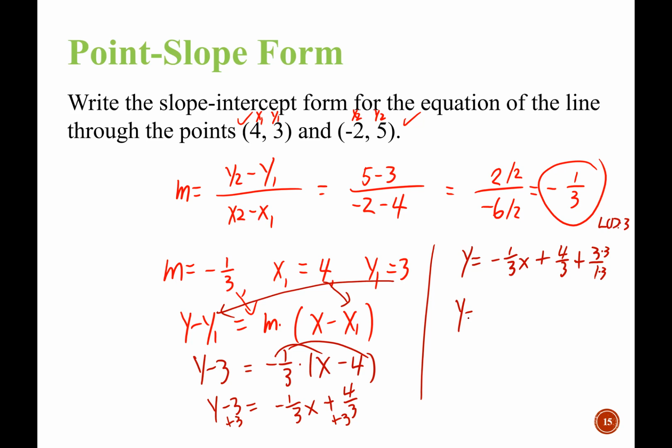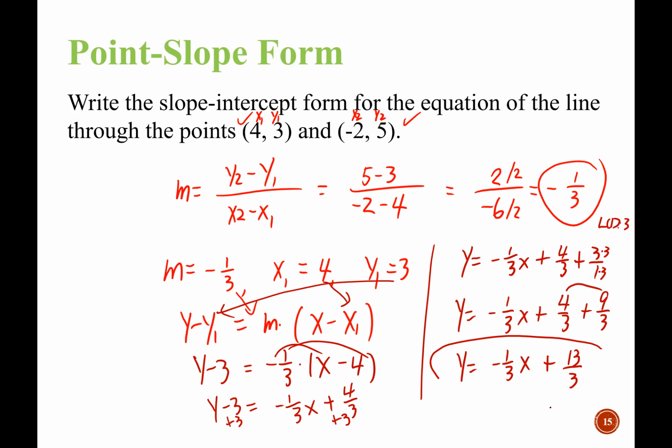So we end up with y equals -1/3 of x, adding 4/3 plus 9/3. Now they are like fractions, adding the numerators, 4 plus 9 is 13/3. And we come up with a linear equation in the slope-intercept form. Okay? So slope here is -1/3, y-intercept is 13/3.